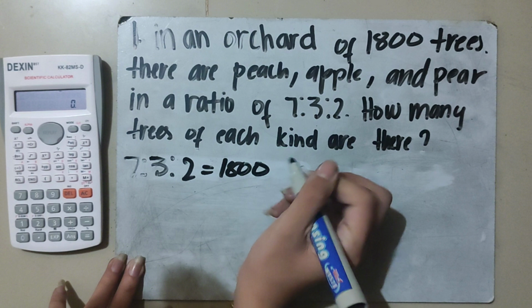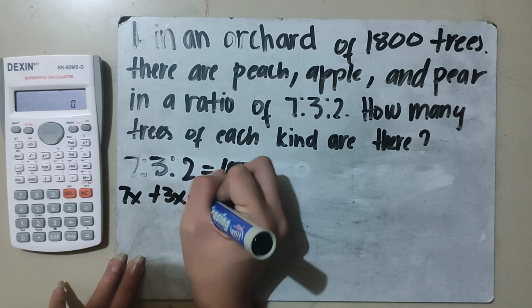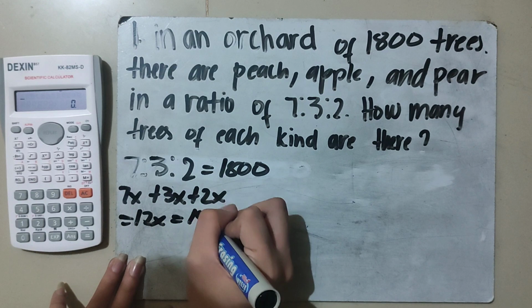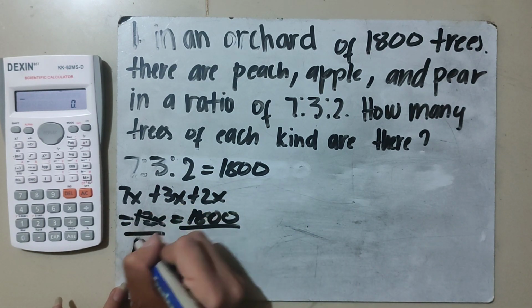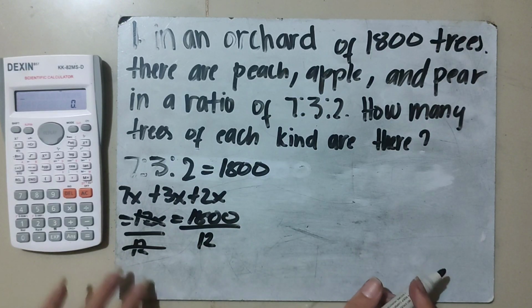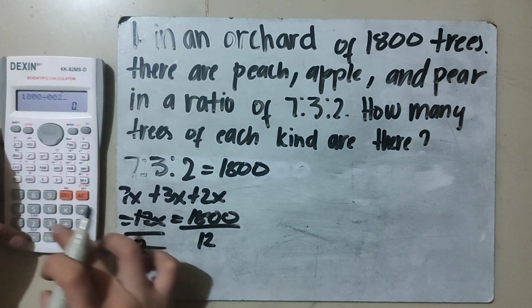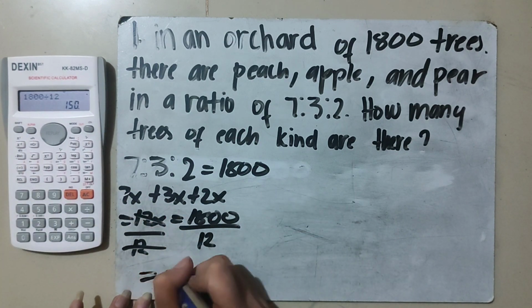Then, ipagpa-plus lang natin yung tatlo. So, we have 7x plus 3x plus 2x is equal to 12x. Then, copy mo lang yung 1,800. So, meron na tayong 12x is equal to 1,800. Then, i-divide natin yung katabi ni x sa both side. So, we have 150.